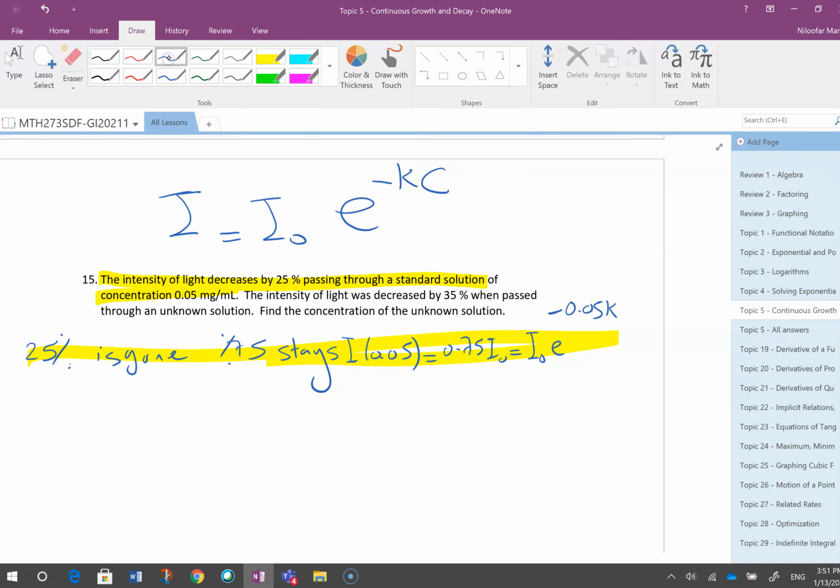Now it says the intensity of light was decreased by 35%, which means 35% is gone, and 65% stays.